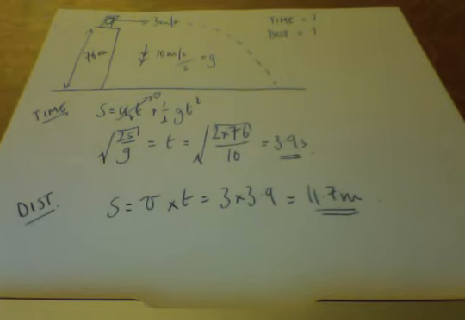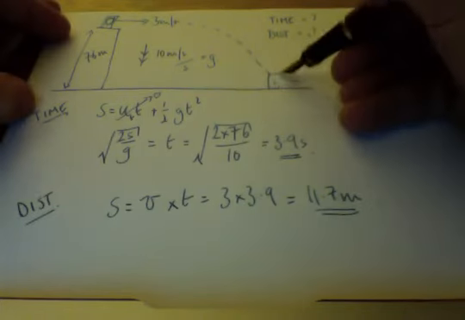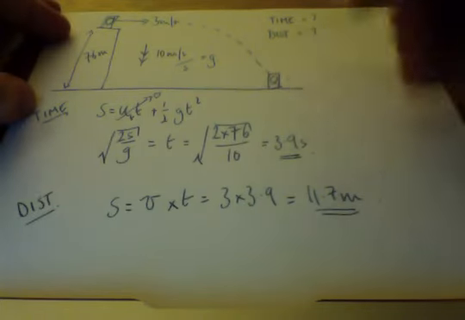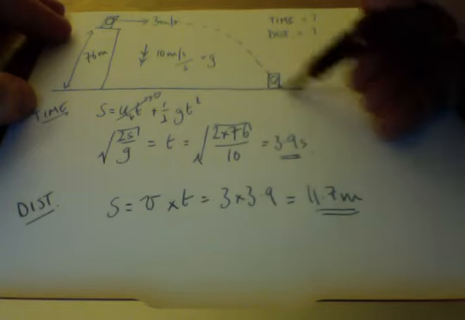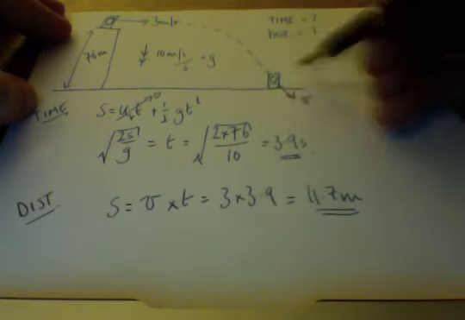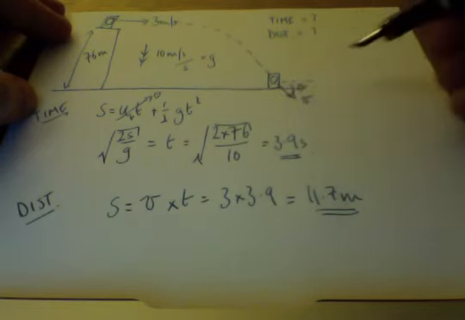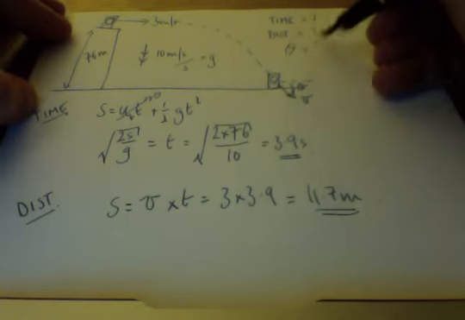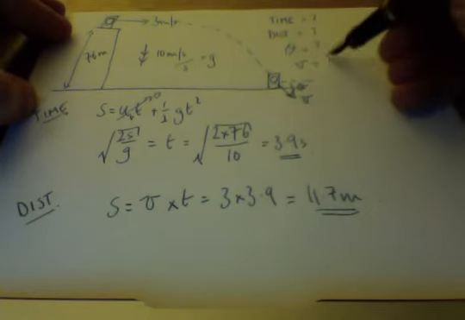Let's work out something else. Let's imagine the TV finally hits the ground. We want to work out the actual velocity it's hit the ground with and the angle theta. So we're going to work out the angle and the actual velocity.